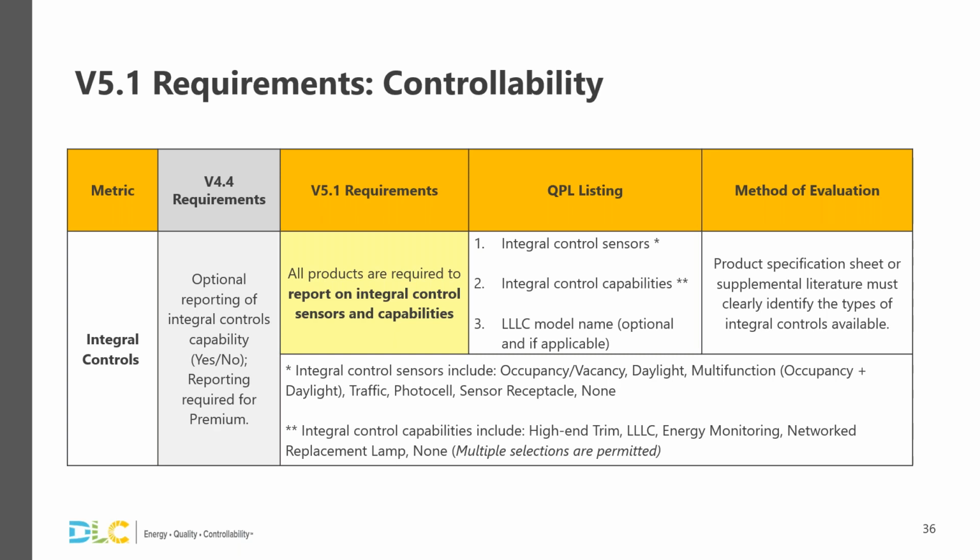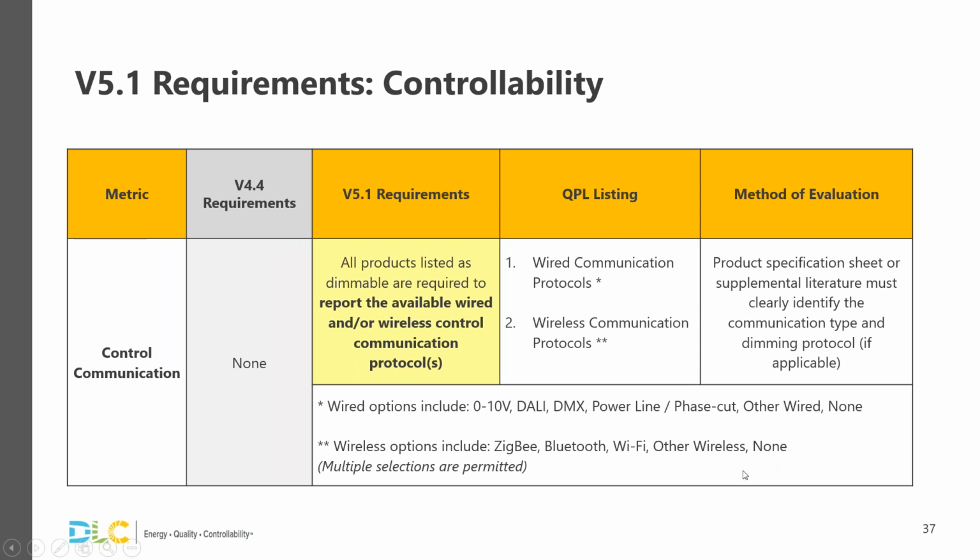And then wrapping up controllability under 5.1, we're going to talk about a new reported element, the control communication. So for the products that are required to be dimmable, which is most everything under 5.1, there will be a requirement to report the communication protocols that are available on the product in both wired and wireless options.